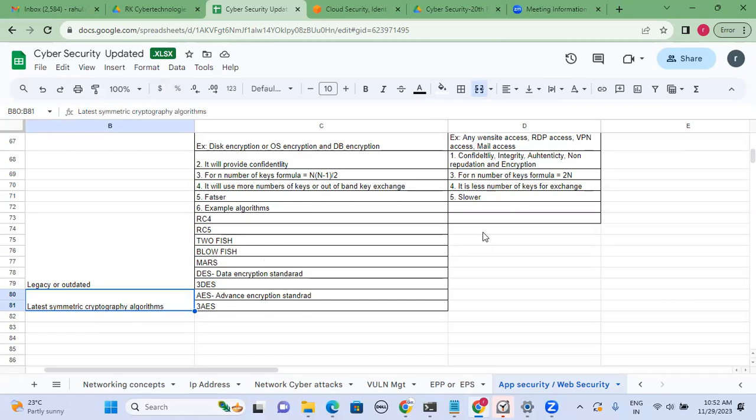Now coming back to the asymmetric side, example algorithms are, we already discussed this topic also.